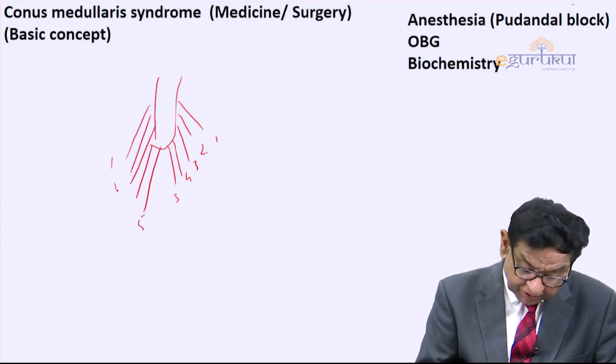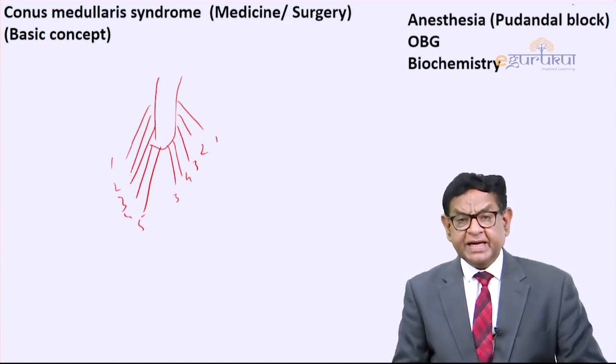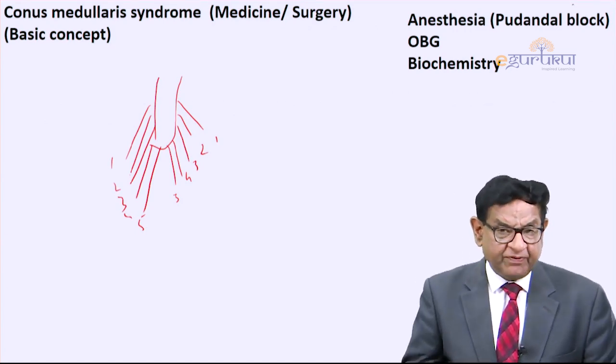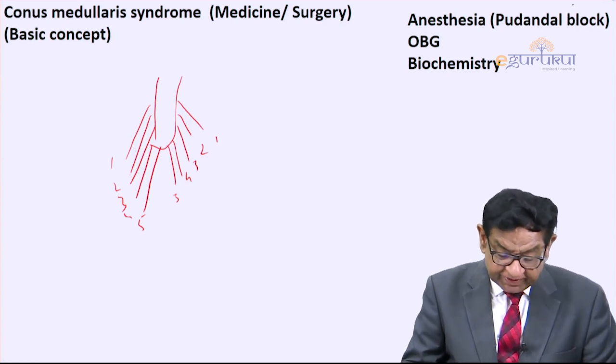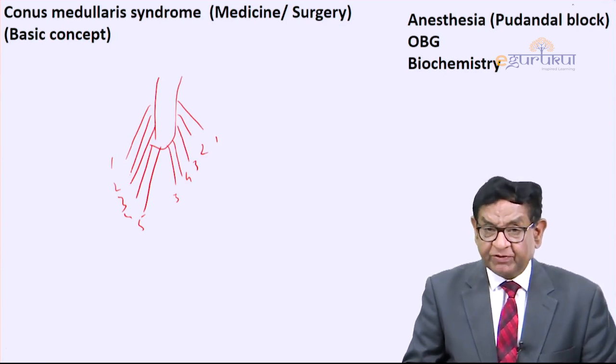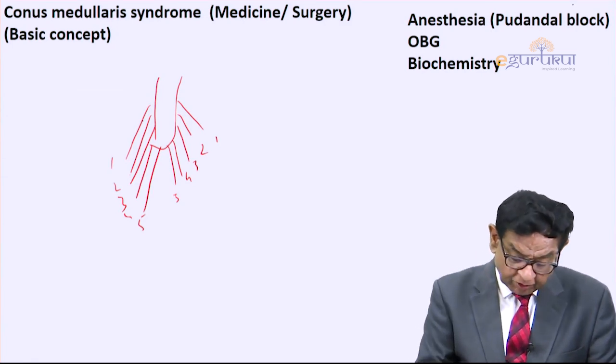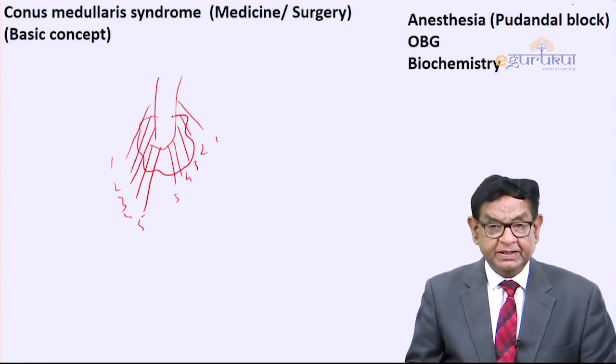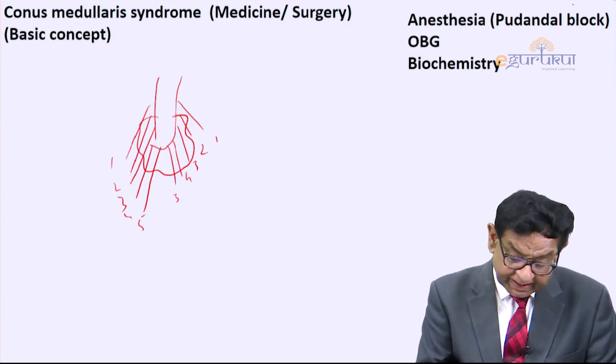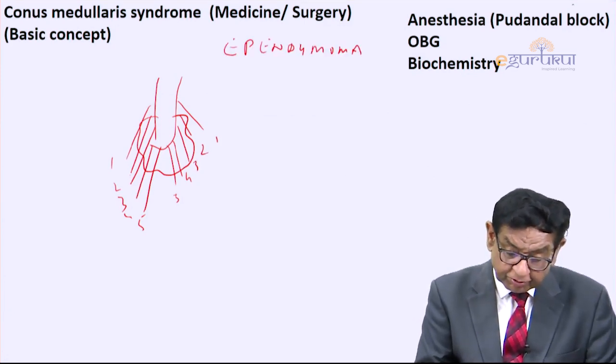In actual practice, they are very closely packed fibers, but I have shown some different distances there for easy understanding. Now, in Conus medullaris syndrome, a growth arises in the lower end of spinal cord. And this growth can be an ependymoma or it could be a dermoid cyst.